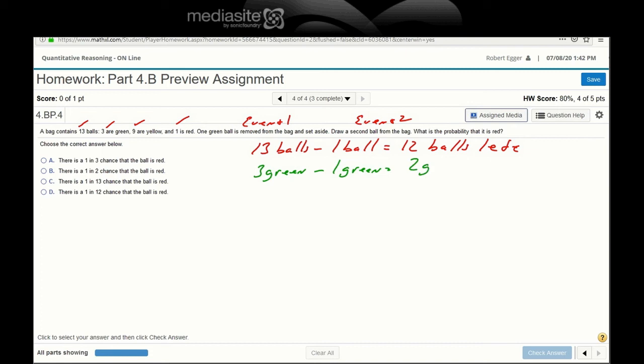So we have 2 greens left. Which means I'll still have 9 yellows, and 1 red. This is all from event 1.